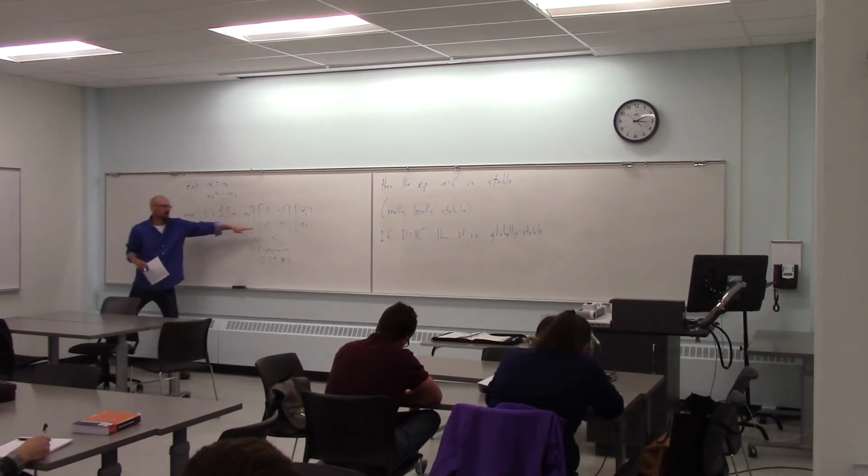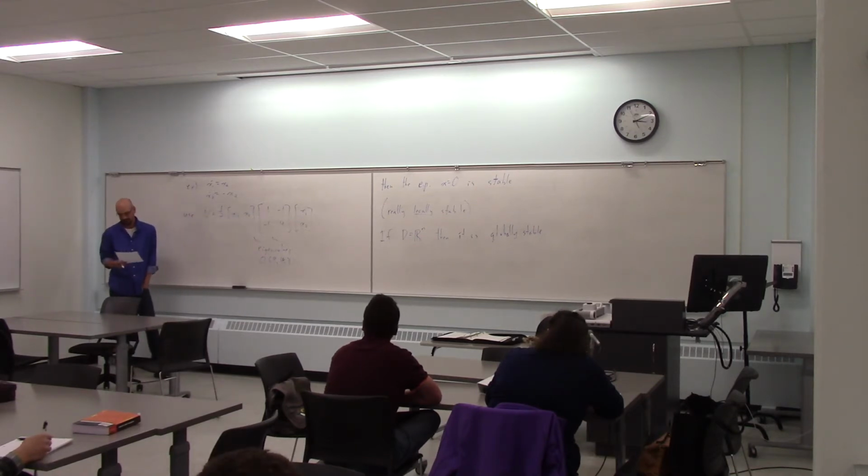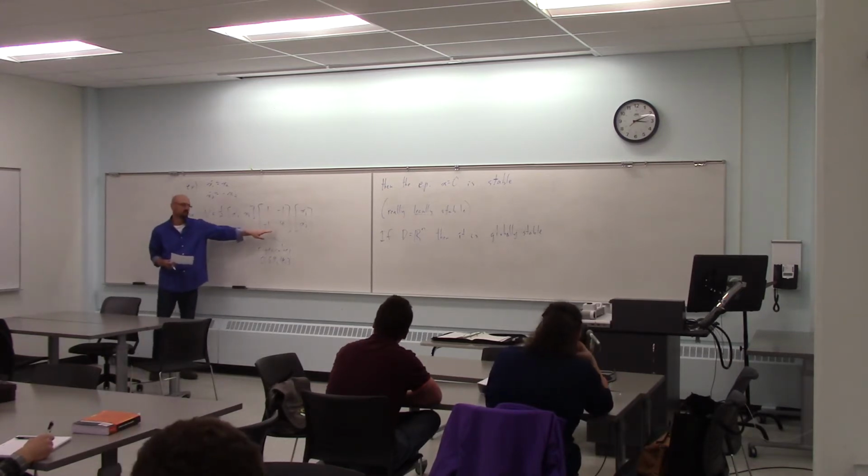Right now I'm not telling you how I get the numbers in this matrix, but it'll be obvious later on. We'll see how to easily calculate these numbers. But for now I'm just saying I'm going to prove stability using this matrix.